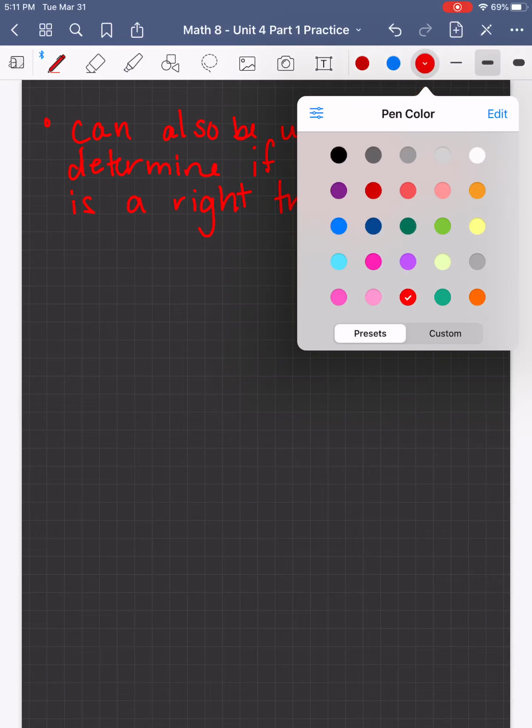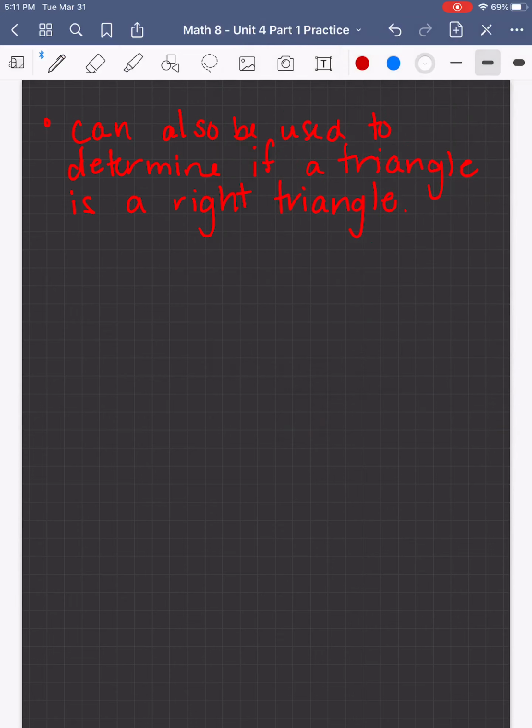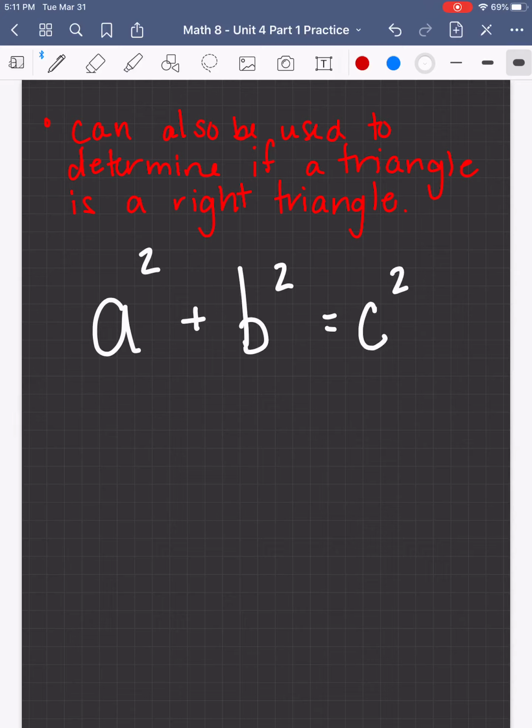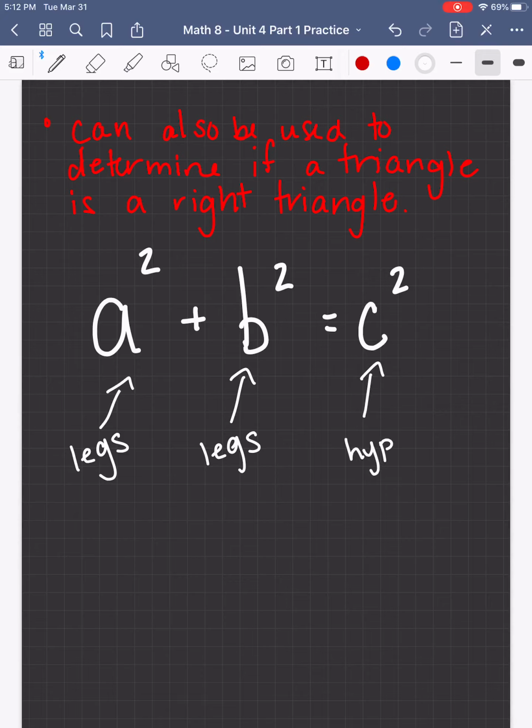In case you forgot, the Pythagorean theorem formula is a fun one. A squared plus b squared equals c squared, where a and b are our legs and c is our hypotenuse.